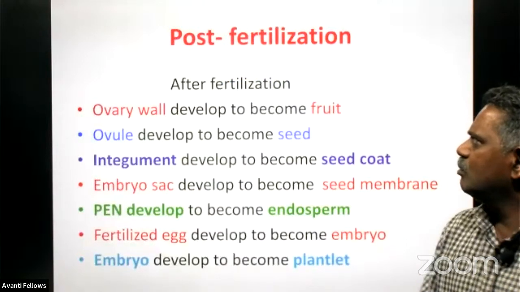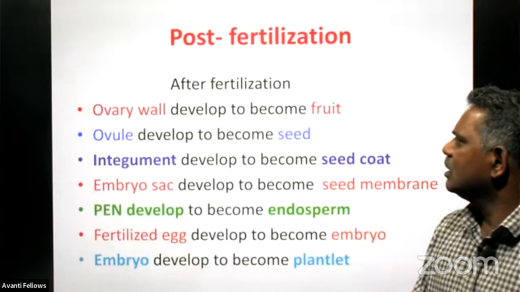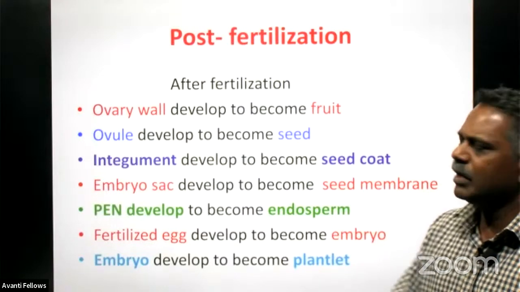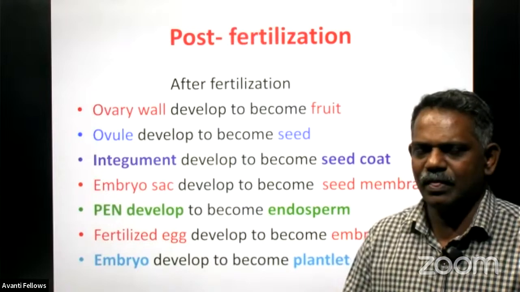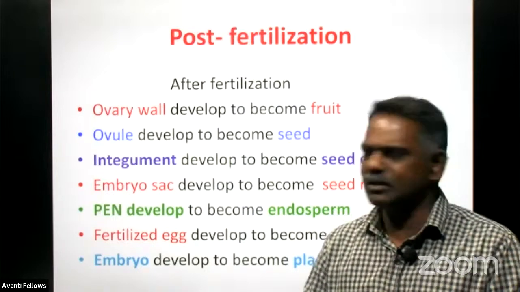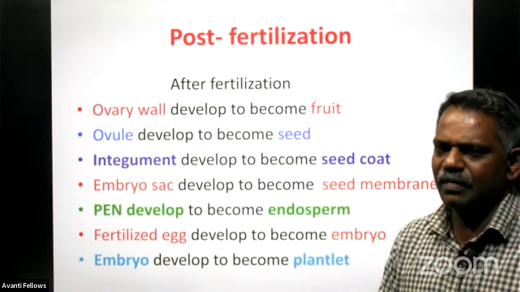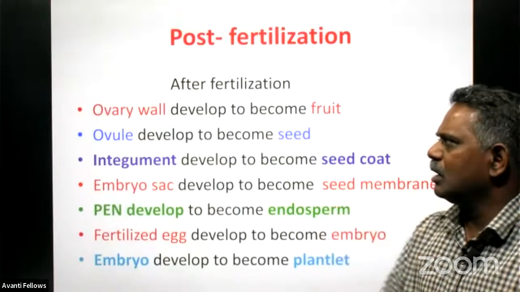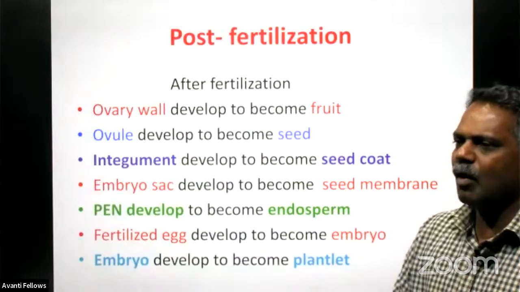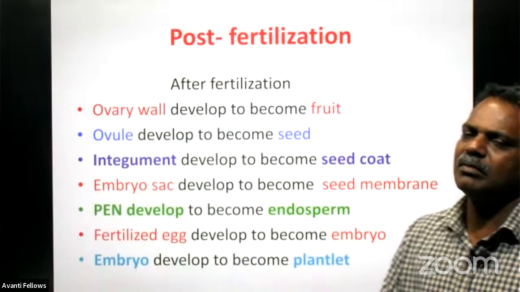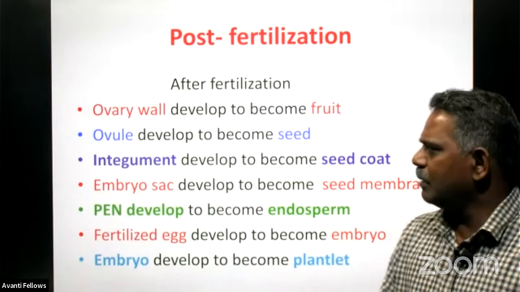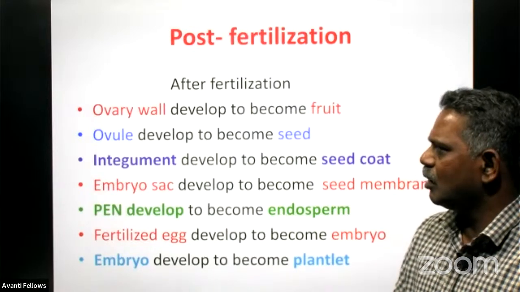Then come to post-fertilization. That means events happening after fertilization, post-fertilization events, right? After fertilization, the ovary wall develops to become a fruit, and many ovules will be there in this ovary.